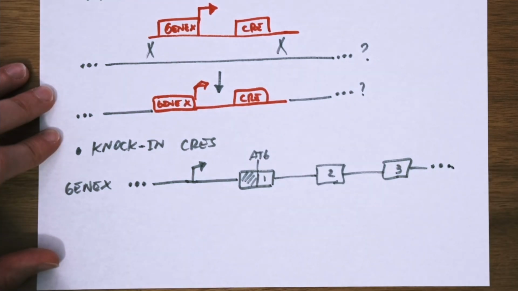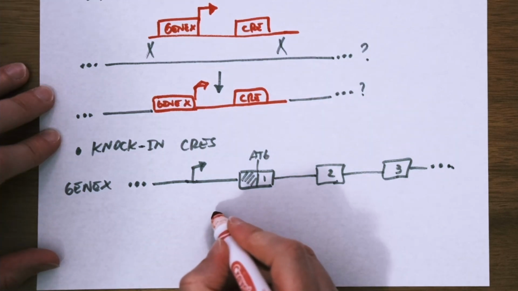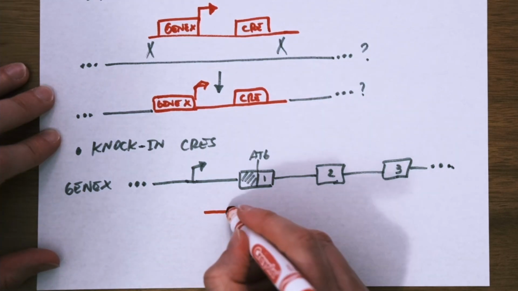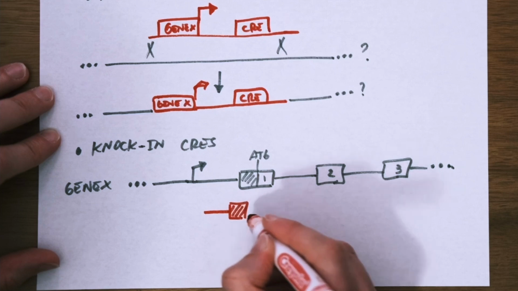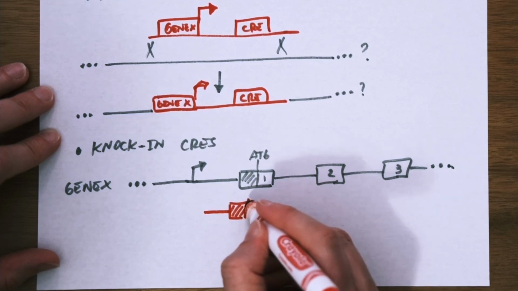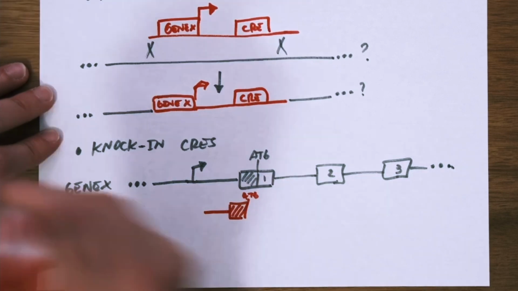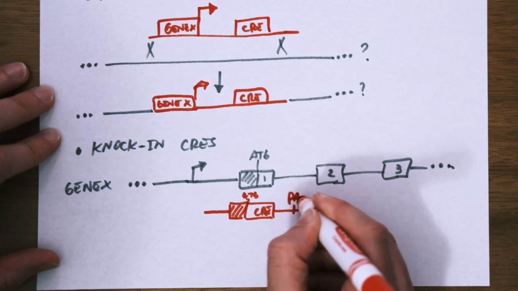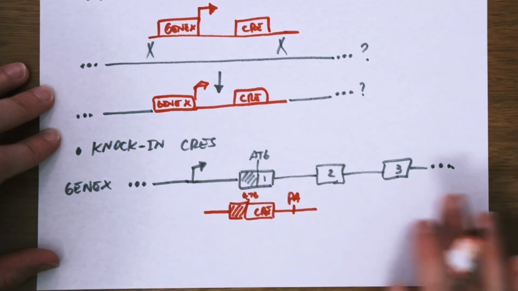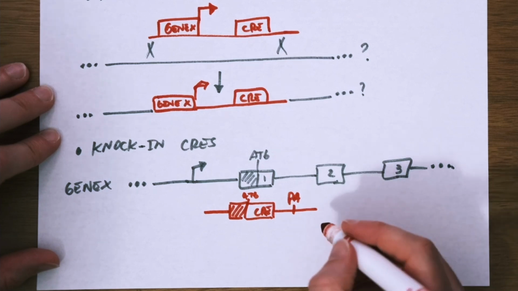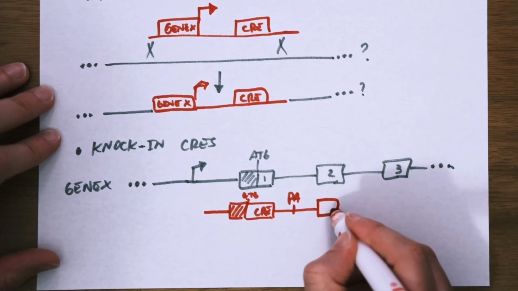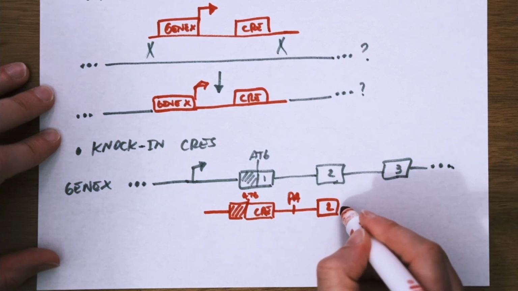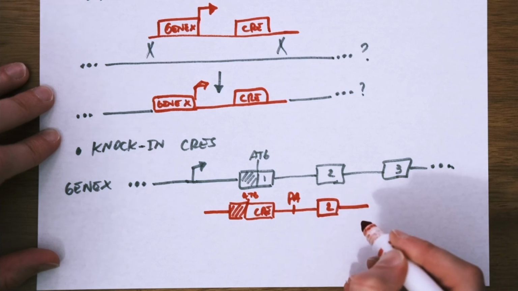In this case, we generate a targeting construct with homology to the first exon, in particular this part before the ATG. And then after that, we insert the Cre and we add a poly-A signal to stop transcription so that there is no more transcription of the original gene. We can add some homology here to facilitate the insertion, but no more.